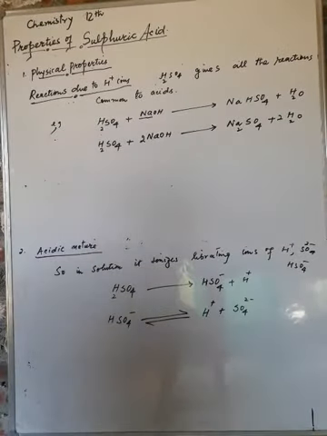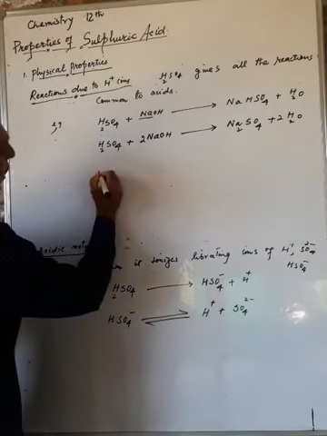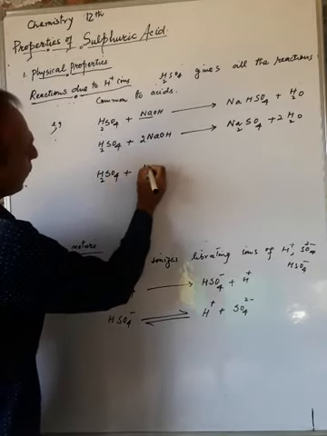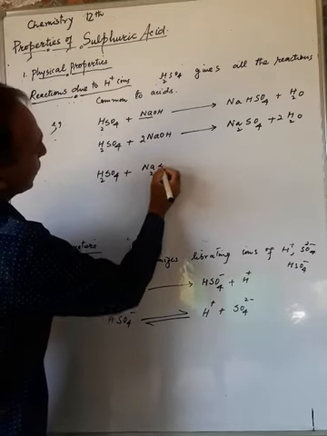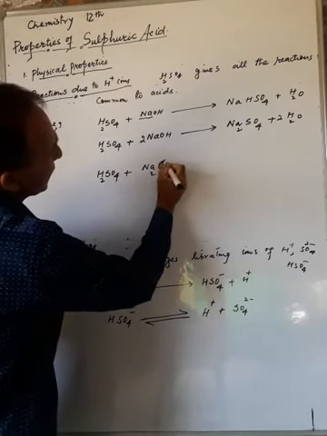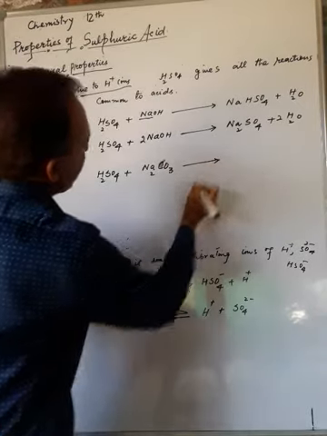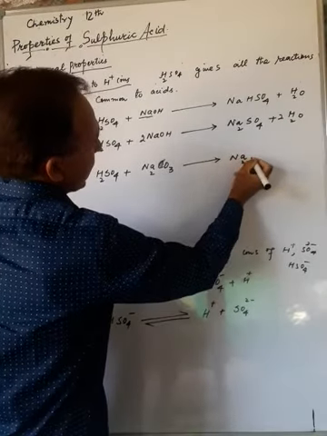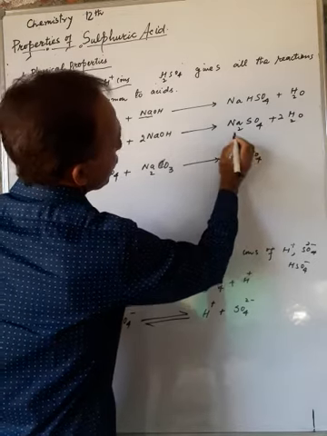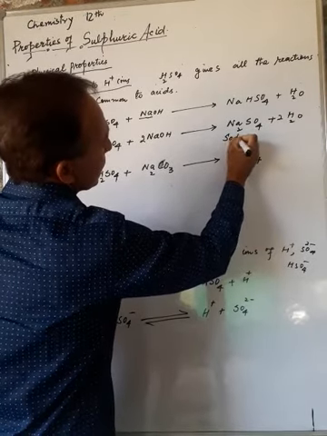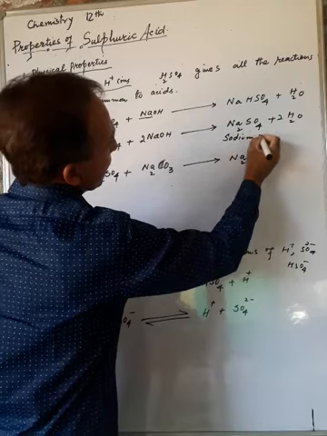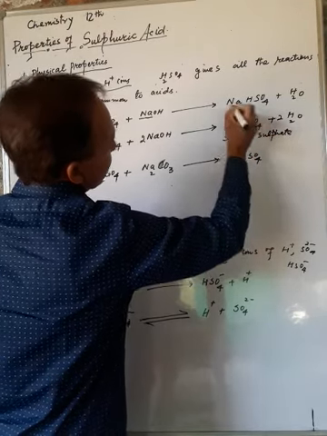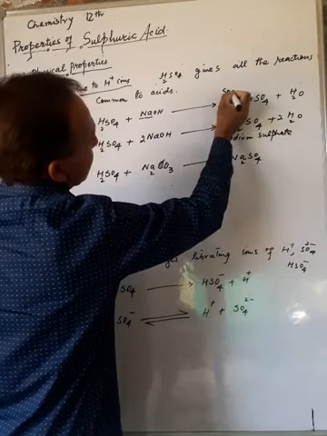Or it reacts with sodium carbonate, Na2CO3. It forms Na2SO4, this is sodium sulfate. And this is sodium bisulfate.